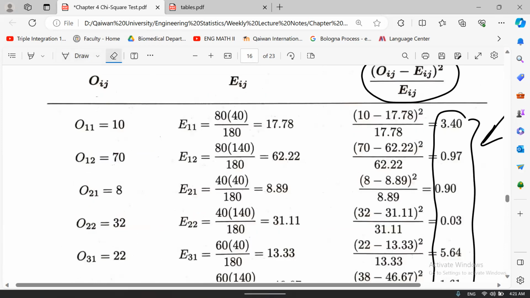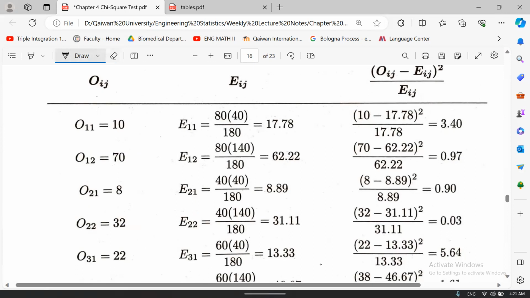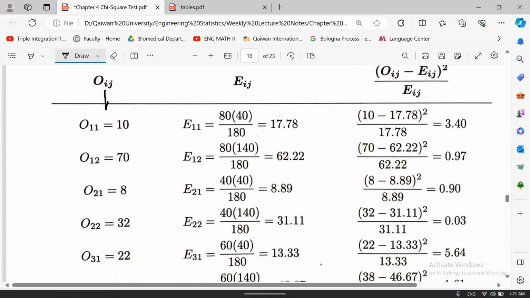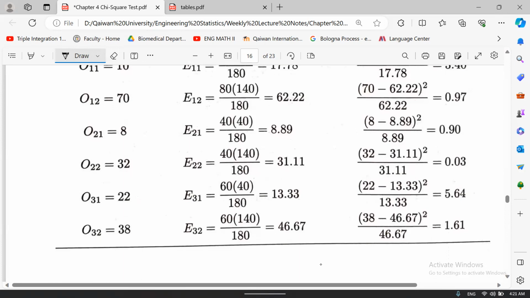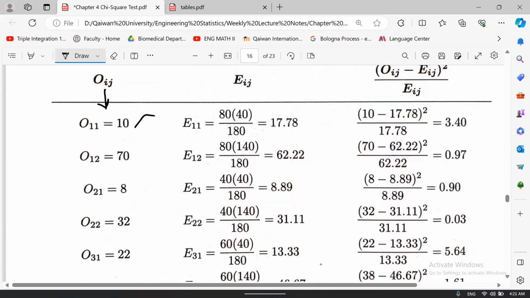We write down all the observed frequencies here in the first column: O11, O12, O21, O22, O31, O32. Okay? We have these observed frequencies. We need to find the expected frequency for each index. Okay?